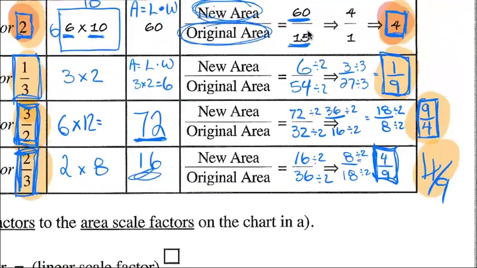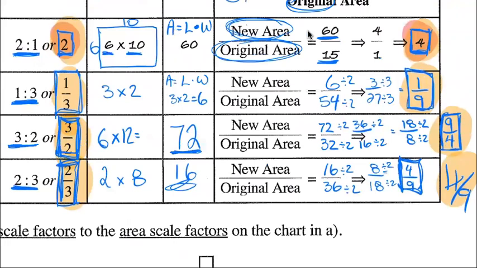So that's the relationship we want to look at. We want to look at how those numbers, 2 for a linear scale factor, 4 for the area scale factor, 1/3 linear, 1/9 area, 3/2 linear, 9/4 area, 2/3 linear, 4/9 area.